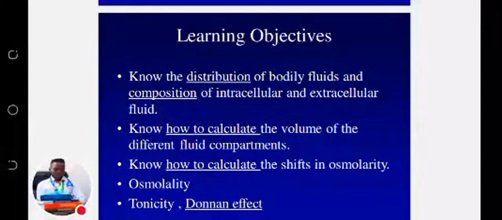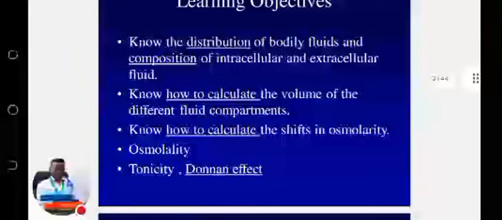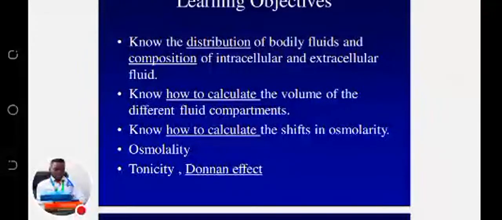We need to know how to calculate the volume of the different fluid compartments, and also how to calculate the shift in osmolarity. We need to define what osmolarity is. Then we should also be able to define what tonicity is and the Donnan effect.